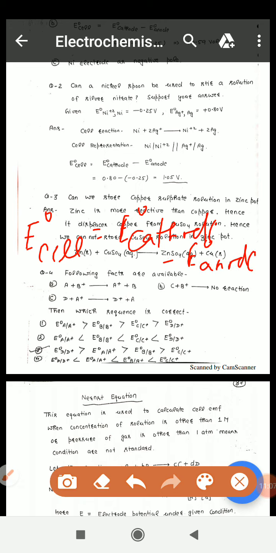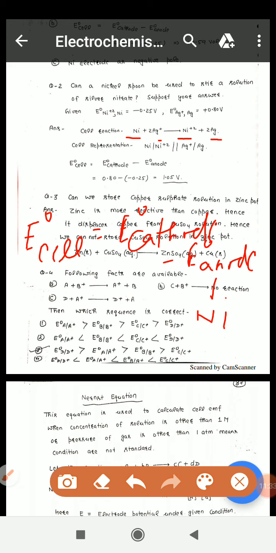For this you require to know which metal is the anode and which is the cathode. So again use the electrochemical series. In the electrochemical series, nickel comes first, so nickel is more reactive, so nickel is the anode and silver is the cathode. This is the cell reaction: nickel reacts with silver nitrate to form nickel 2 plus and silver.